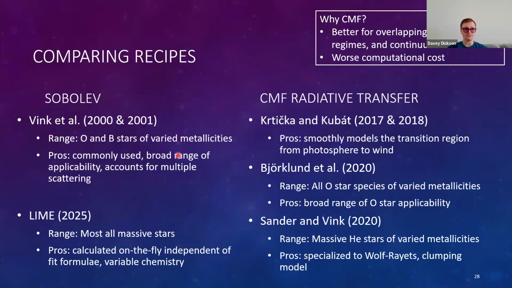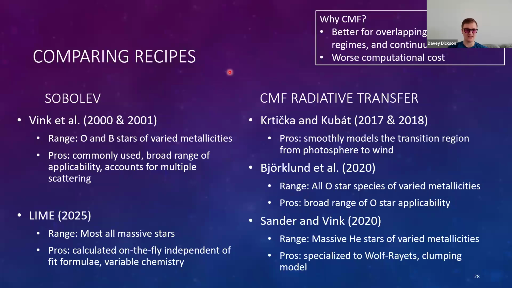All right. So that gives us two regimes of modern recipes to compare, those based on the Sobolev method and those based on the CMF method. To just briefly remind, the CMF method is able to account for some second order effects in much greater detail, but does take a much greater computational cost to model in the first place.